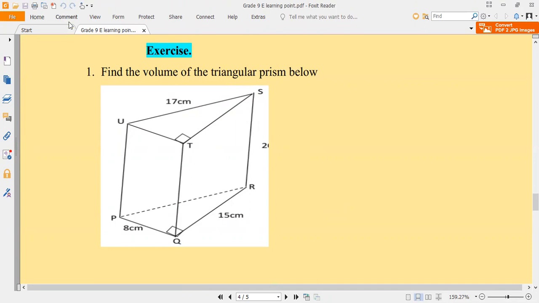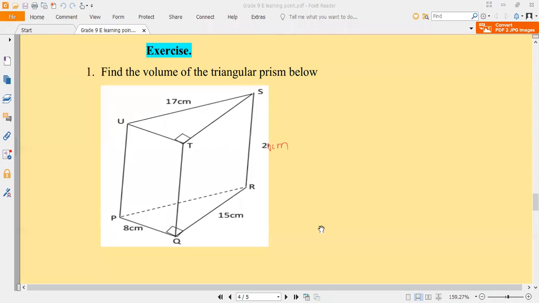So it is very easy to find the volume. However, the height is not nicely drawn. The height here has got to be 20 centimeters. The height is 20 centimeters. Yeah, that's the height. It's a good thing that I've run through so that you see it. So the height is 20 centimeters, and then the question is find the volume.